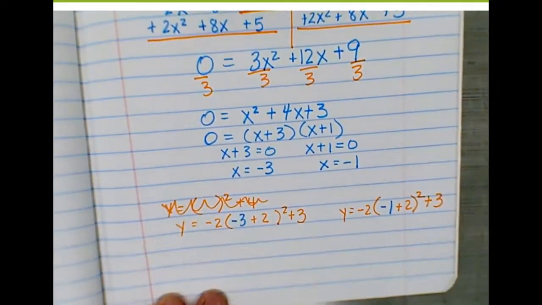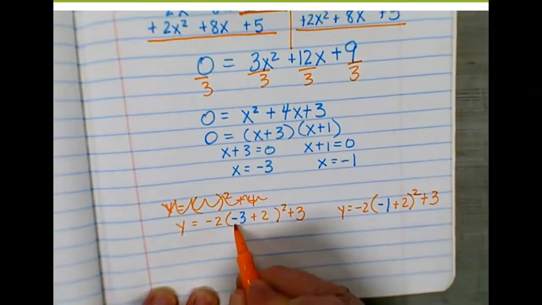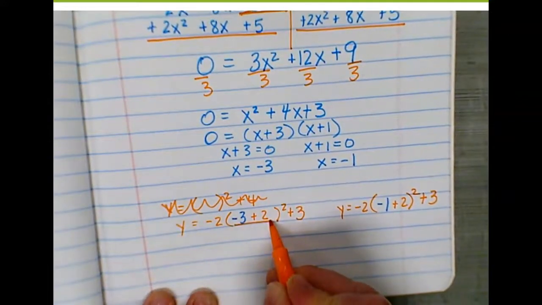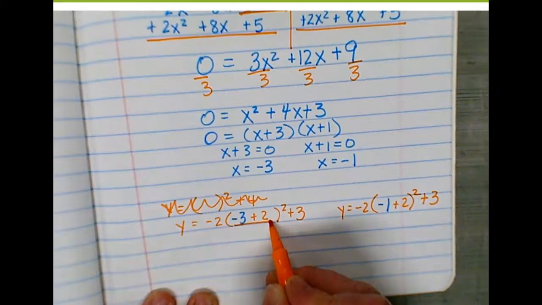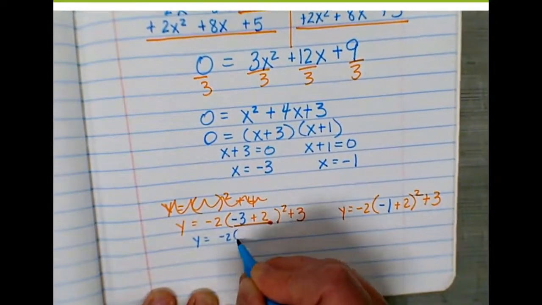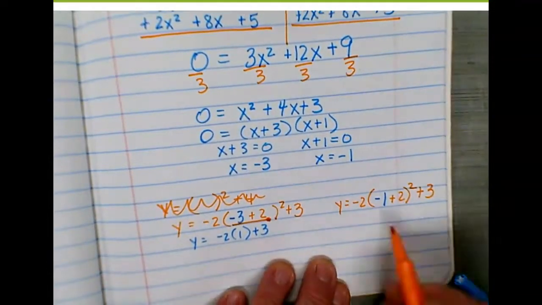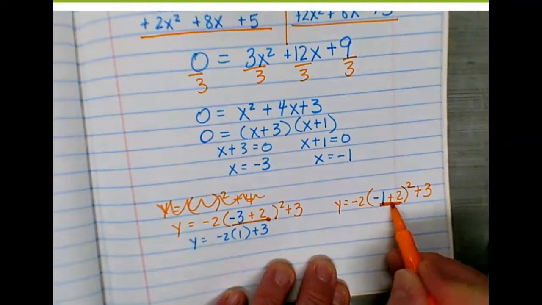Now, the reason I think this one is going to be easier is, what is that equal to? -1 squared is +1. And what is that equal to?